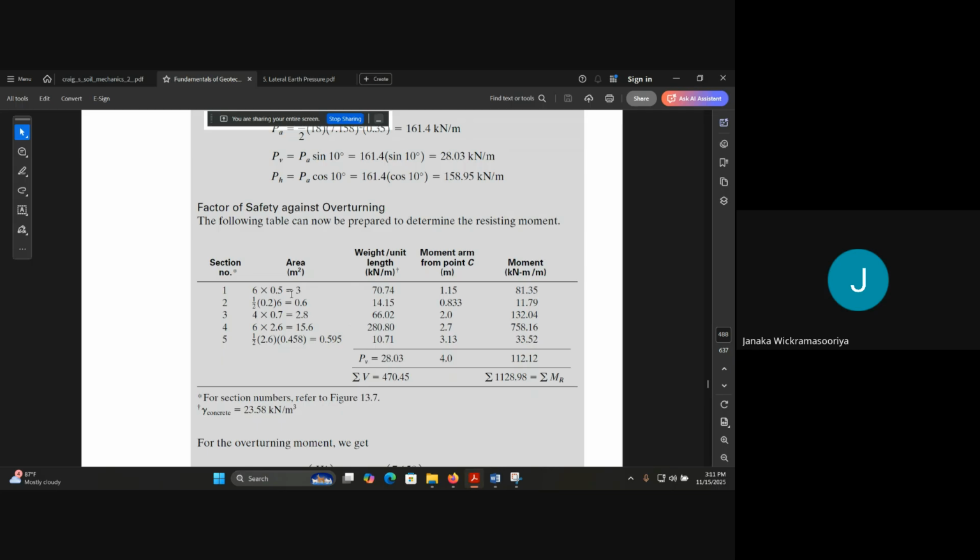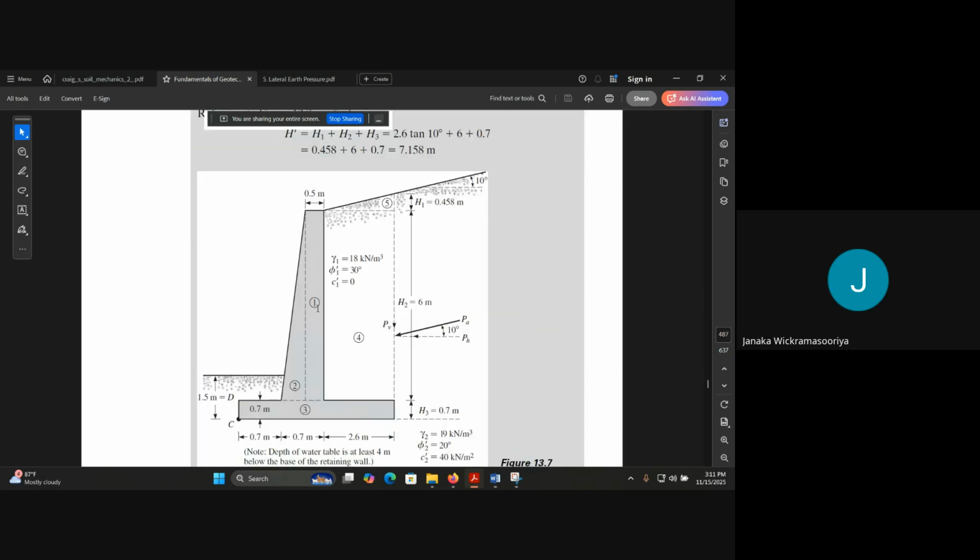The first column is section. Section means 1, 2, 3, 4, 5, the sections that we have selected. The number of sections might vary depending on the geometry.